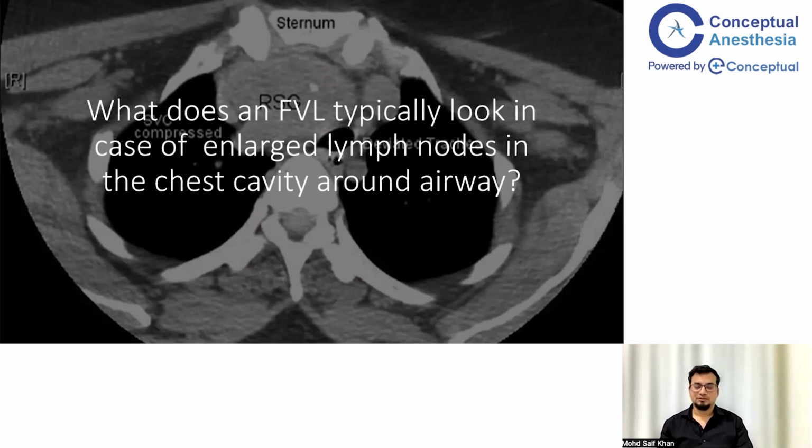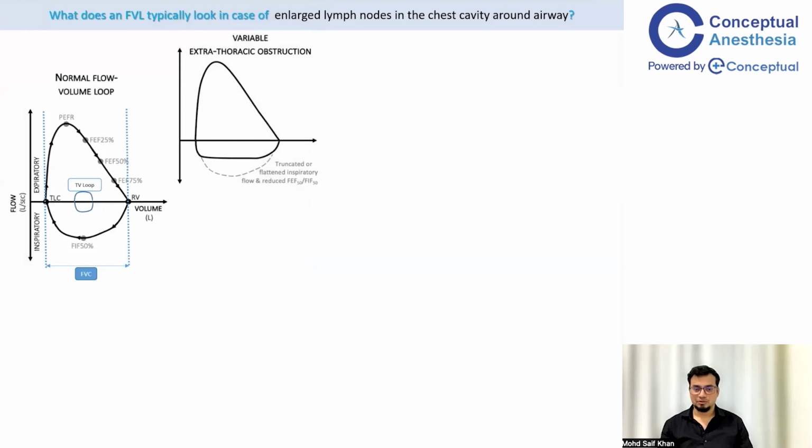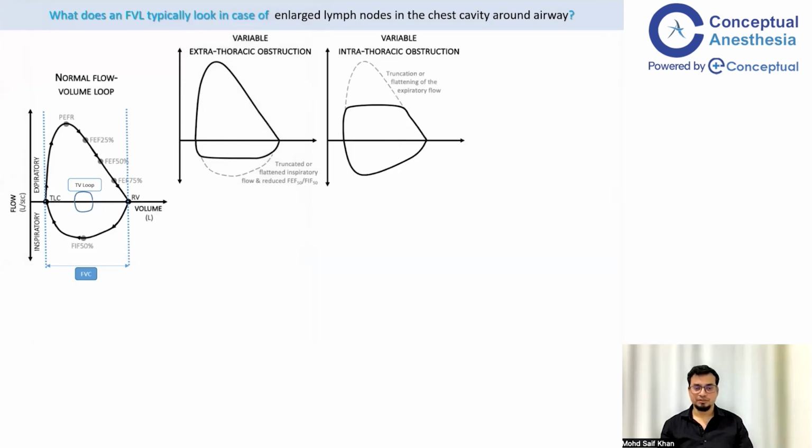Okay. So what happens in intrathoracic obstruction, variable intrathoracic obstruction? Let's examine the loop in this case. The loop will be like this. Just look at the inspiration. Inspiration will be completely normal and expiration will be blunted. Okay. So there will be truncation or blunting of expiratory flow. All right. So very severely diminished.